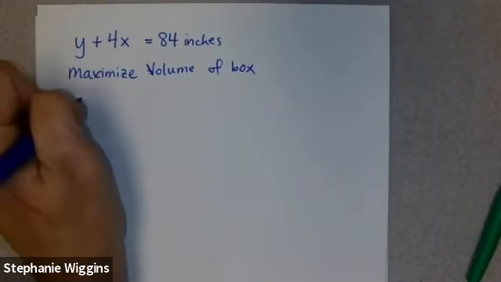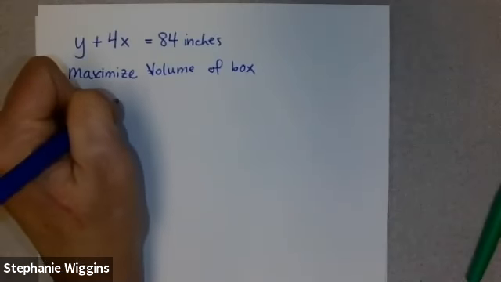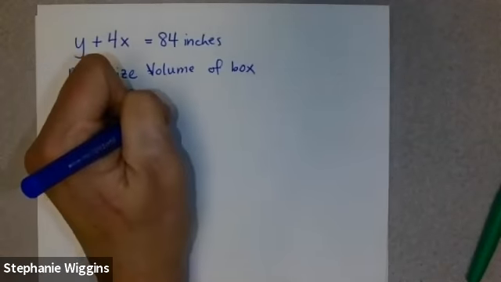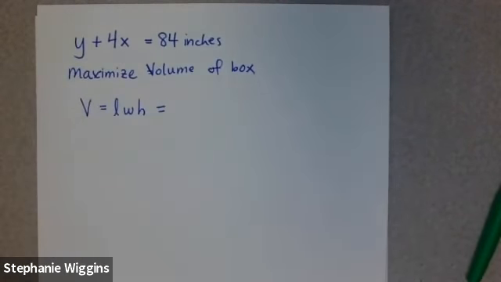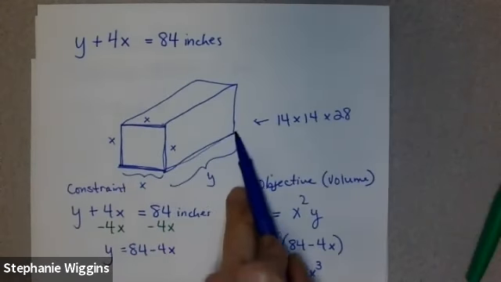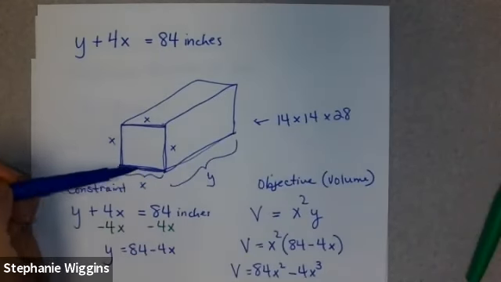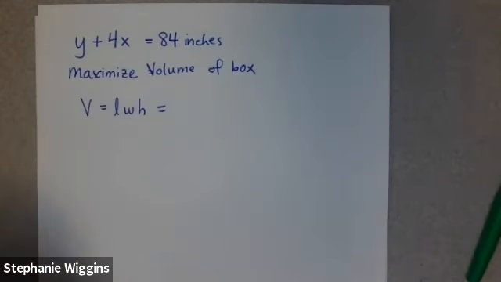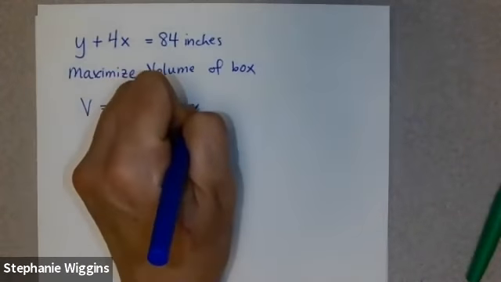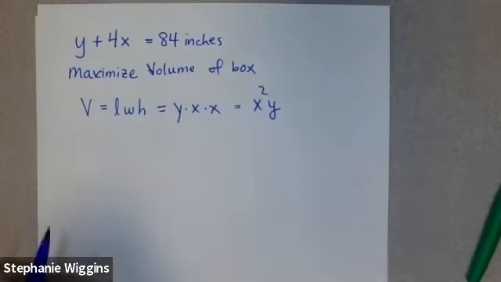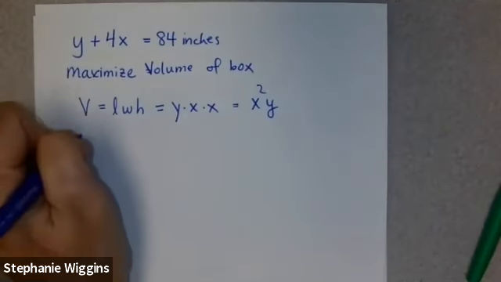So the volume is the length times the width times the height. And in our example, let's go back to the box here. The length is Y, the width is X, and the height is X. So the volume is Y times X times X, or X squared Y, is our function.